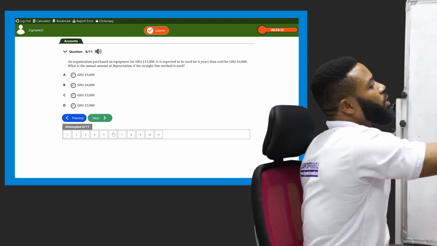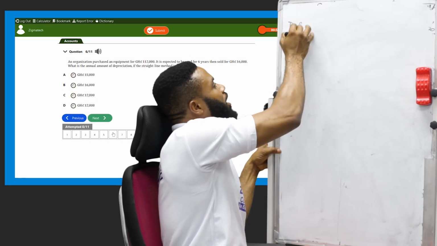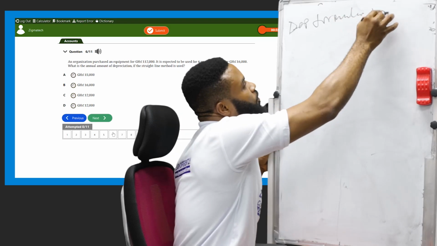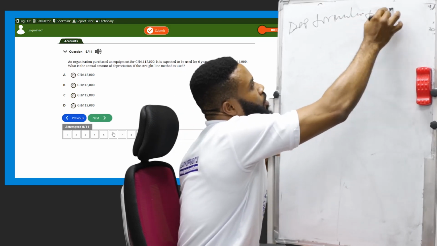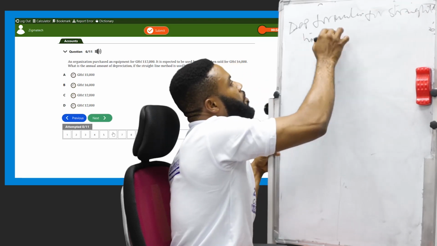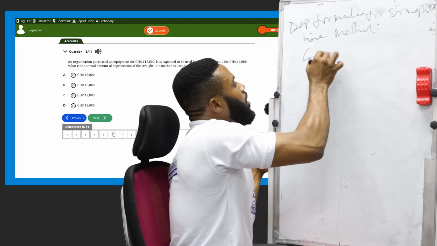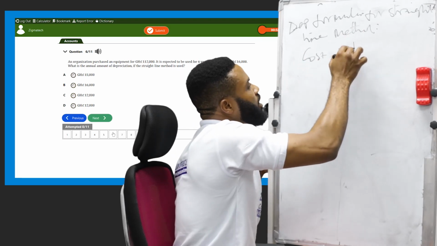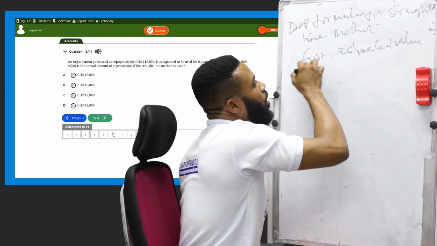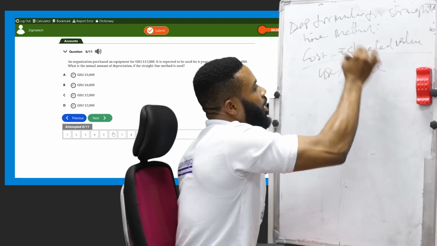Now, let's look at it. First of all, we have said that our depreciation formula for straight line method is given as cost minus estimated value all over useful life.